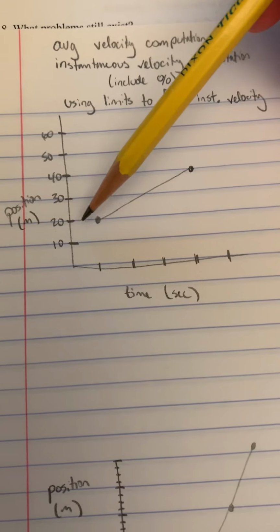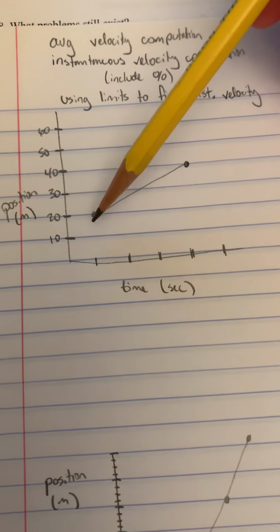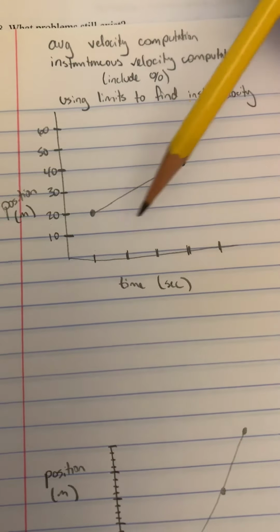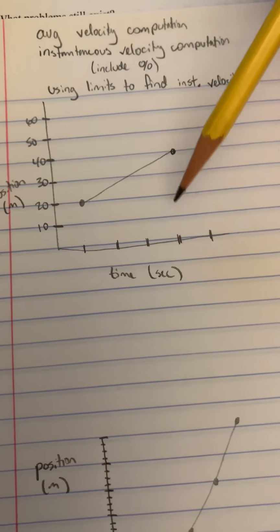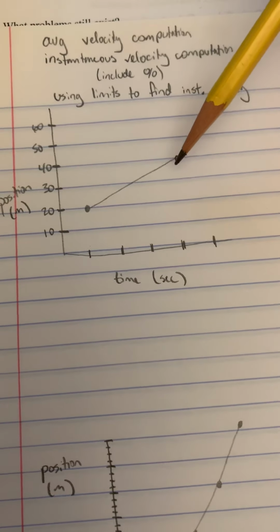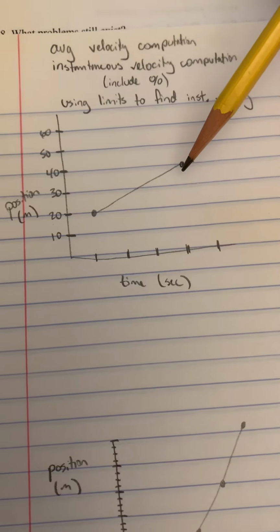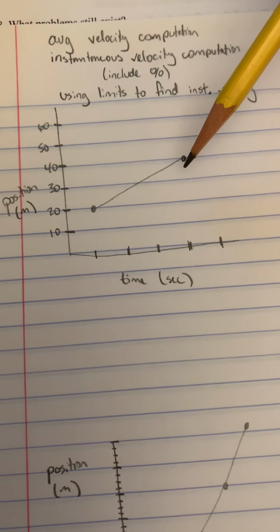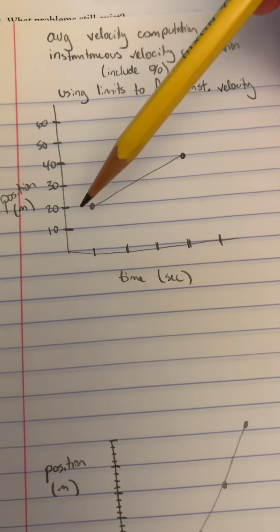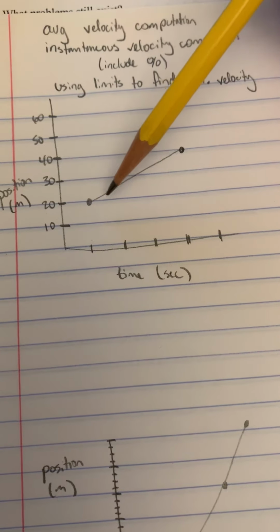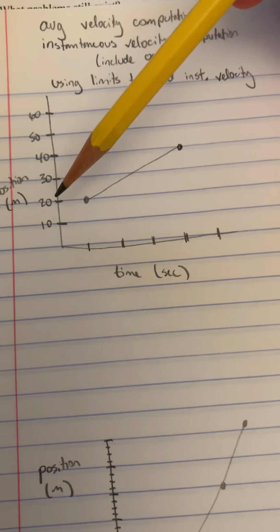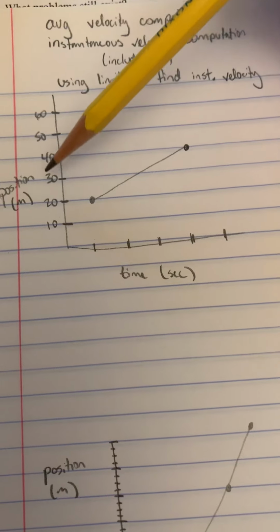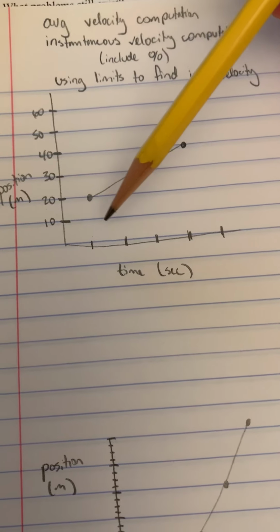At time 1, they're at 20 meters, and at time 4, they're at 40 meters. The question would be, what is their average rate of change? Well, the average rate of change is just the rate at which this changes, dependent on the rate at which this changes.